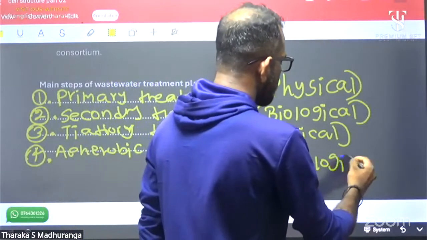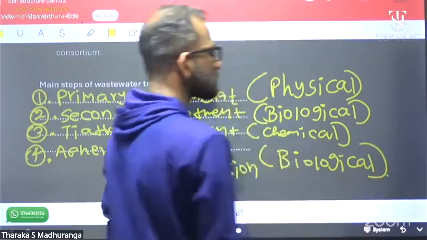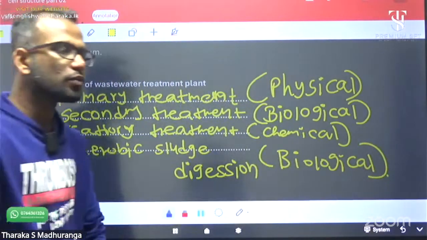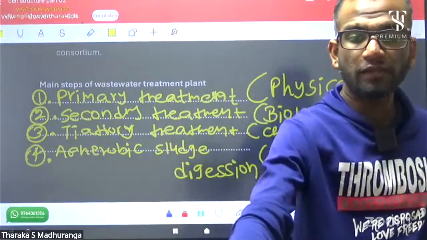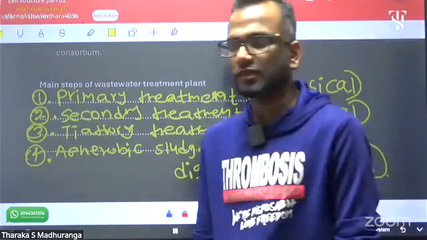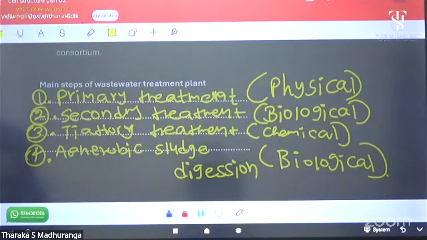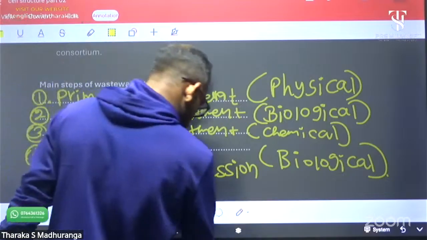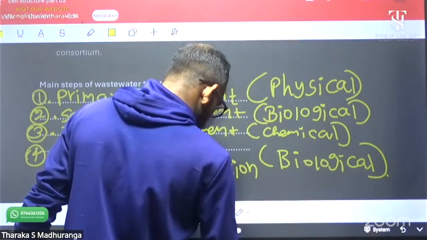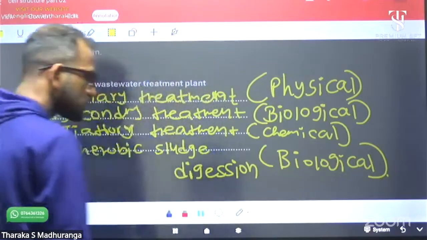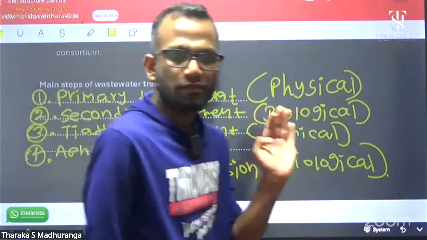These are the main steps of the wastewater treatment process: primary treatment, secondary treatment, tertiary treatment, and anaerobic sludge digestion. Not aerobic, anaerobic sludge digestion. I will explain the wastewater treatment process very simply.